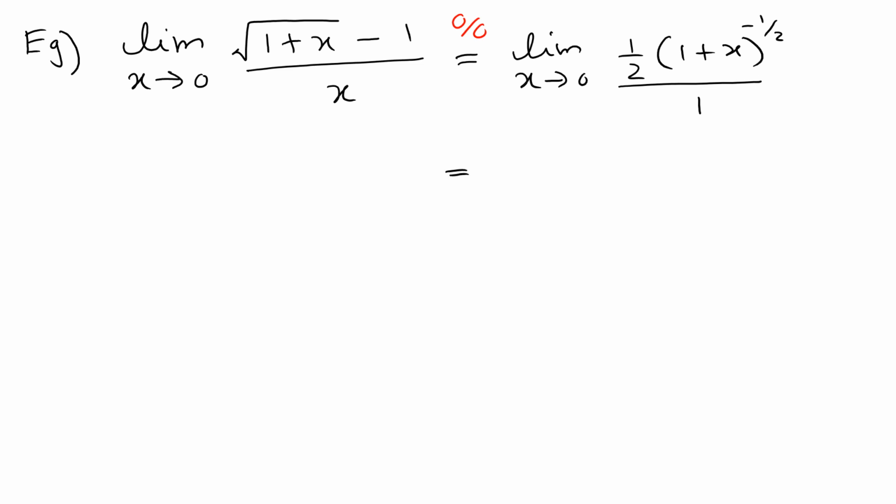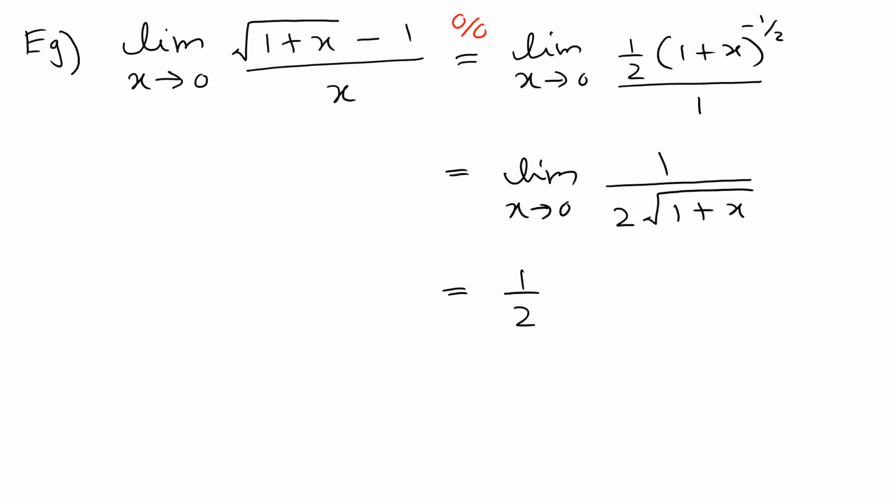If you rewrite it properly with a positive exponent, you can write this as 1 over 2 times the square root of 1 plus x. Now we send x to 0, and you get 1 half and the limit exists. So that should be the original limit.